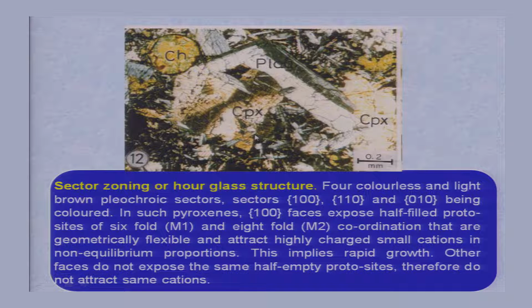Other faces do not expose the same half-empty protosites, and therefore do not attract the same cations. This is the reason why this kind of hourglass structure is formed. It tells us about the conditions at the time of cooling of the lava flow.